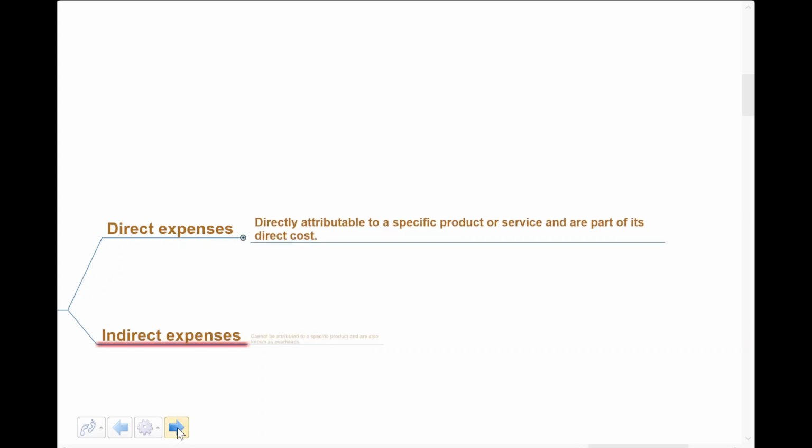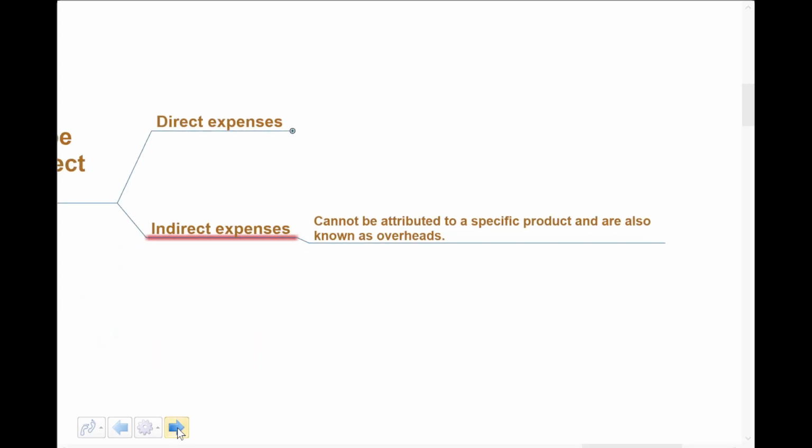The reverse is something that is indirect, in other words it cannot be attributed to a specific product, also known as overheads, generally speaking. But also, you could have something that was a direct overhead.